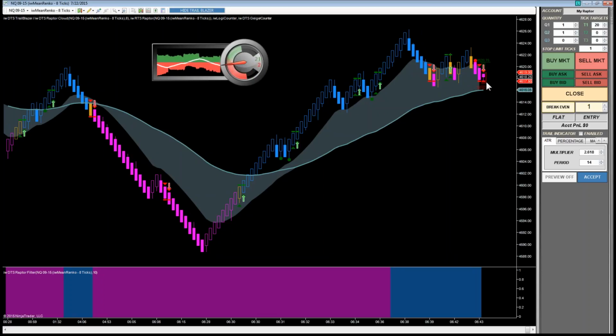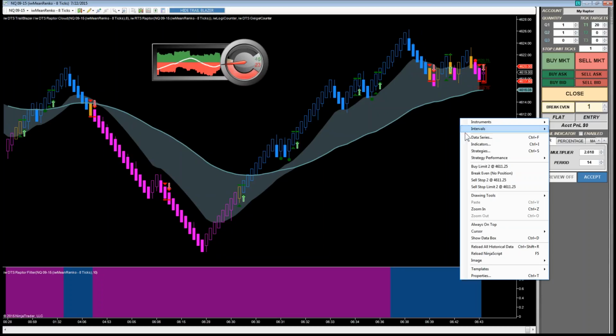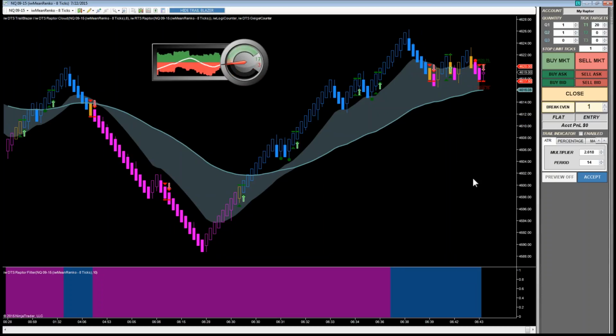Now we're actually working on a Raptor sell signal here. What we've got is a little bit of a failure going on. Oh man, do I want to sell into such a strong market? All right. So with the Raptor, we handle our entries a little bit differently.